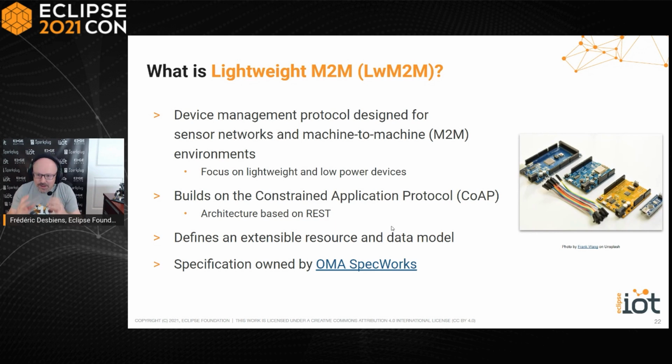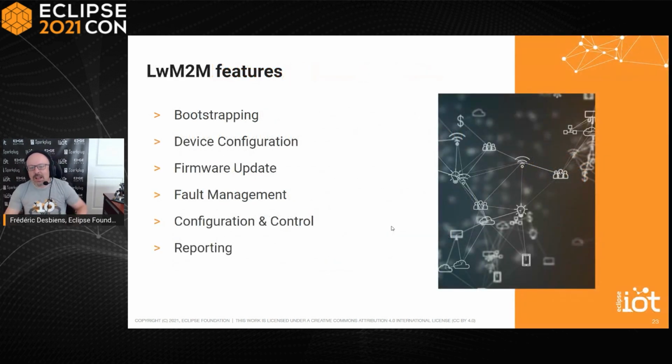And so it defines an extensible resource and data model, which means essentially when you go read the spec and related documents about lightweight M2M, you have already a specific hierarchy, let's say for a temperature sensor, for a pressure sensor or air quality sensor, etc. So all those things are defined, but you can extend the model and implement your own things if you're doing special things.